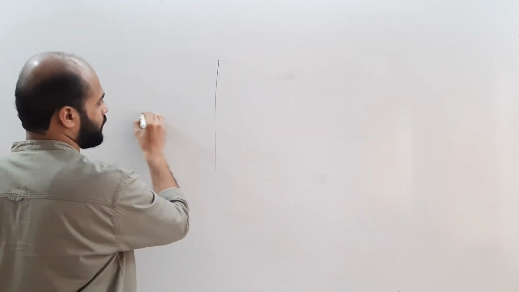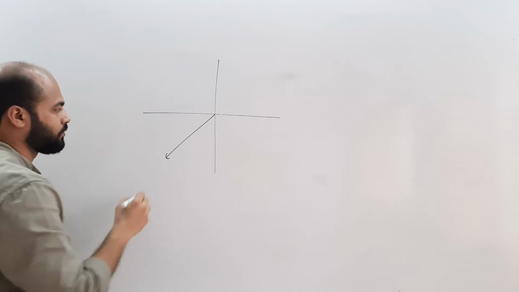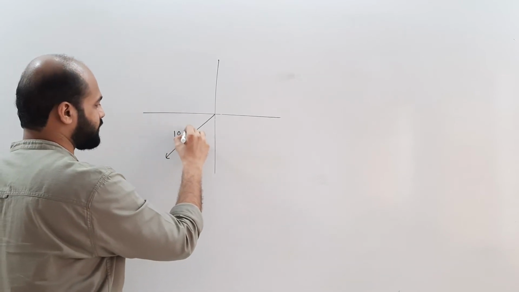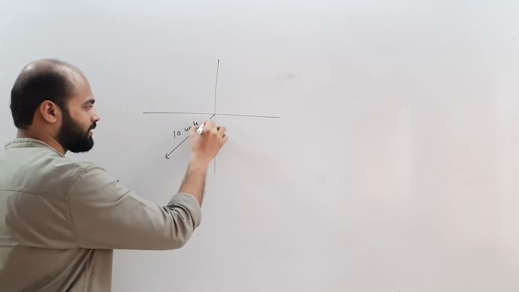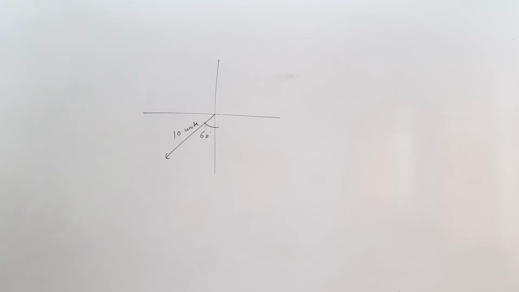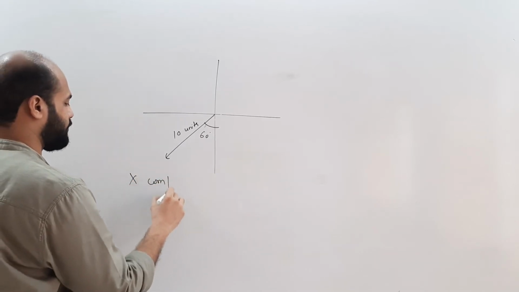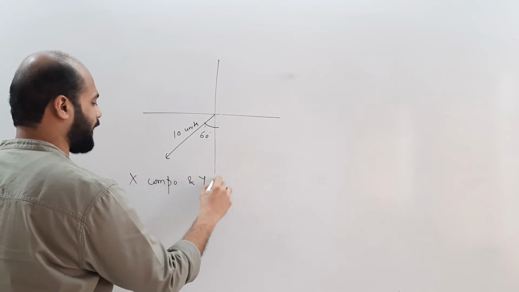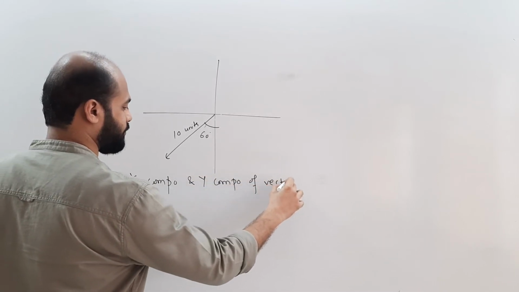Let's take one more example and see how to resolve the vectors. Let's say there is a vector which is having a magnitude of 10 units in this direction and this angle is given as 60 degrees. We have to find x component and y component of the vector.